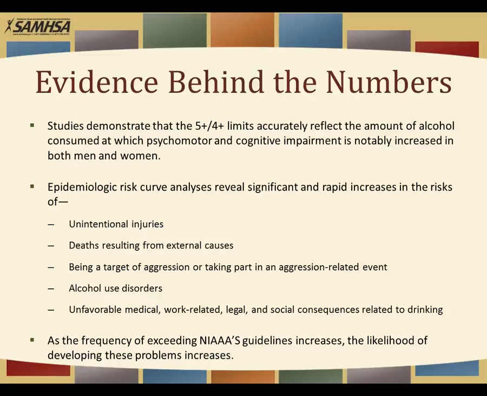It also increases the risks of unintentional injuries, deaths from external causes, being a target of aggression or taking part in an aggression-related event, alcohol use disorders, and unfavorable medical, work-related, legal, and social consequences related to the drinking. As the frequency of exceeding the guidelines increases, the likelihood of developing these problems also increases.